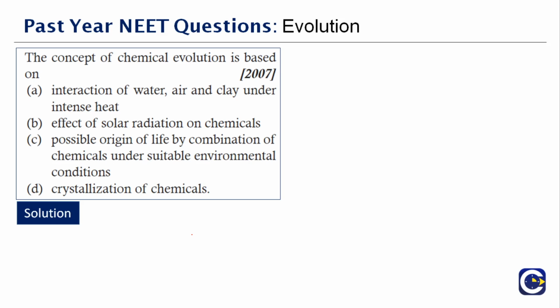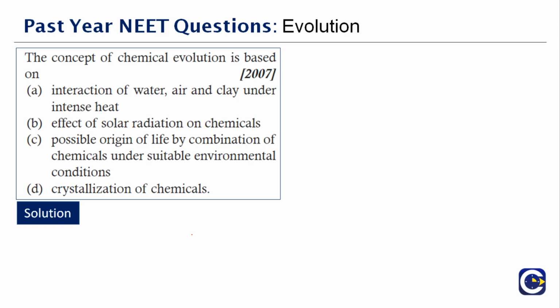But what is your definition of chemical evolution? Okay, fine. So chemical evolution is the formation of complex organic molecules from simple inorganic molecules through chemical reactions in the oceans during the early history of the earth. So it is the first step for the development of life on this planet. So what do we discuss in that book? What do we see in chemical evolution?